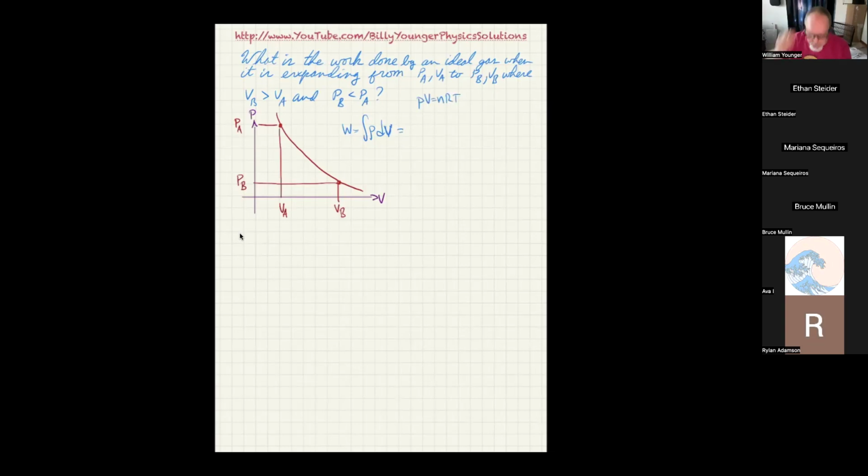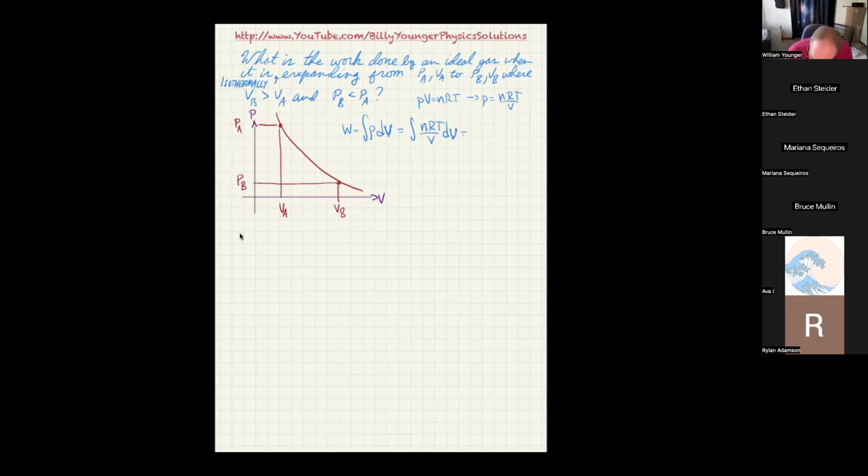And this is supposed to be an isothermal process, expanding isothermally from that to that. So with that in mind, we can see that P is supposed to equal nRT over V. So I can say now n times R times T over V times dV.